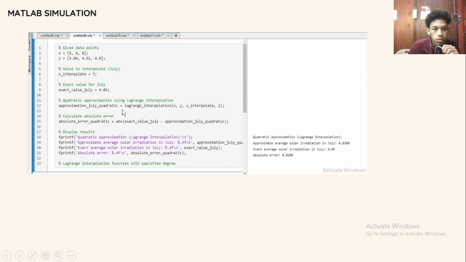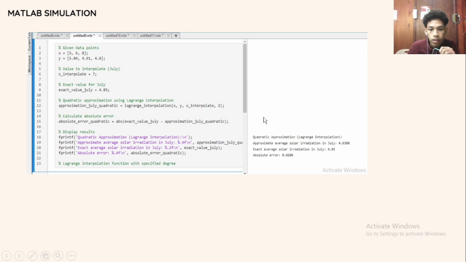Then we calculate the approximation, and the absolute error is exact value minus approximation value. Line 17 just displays the result.